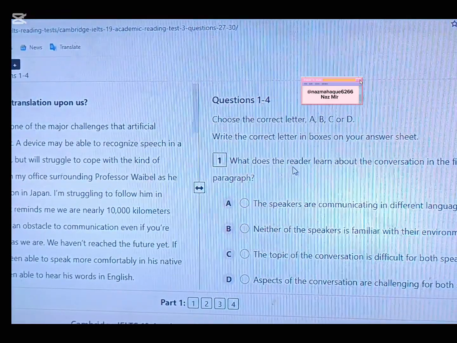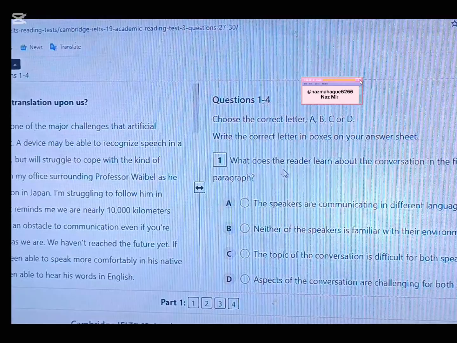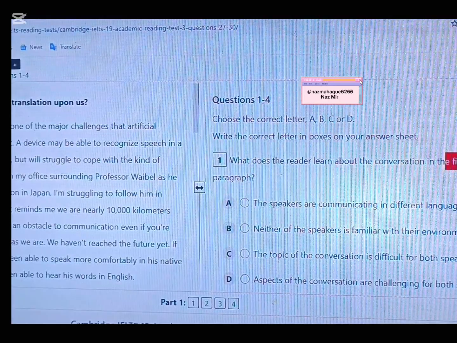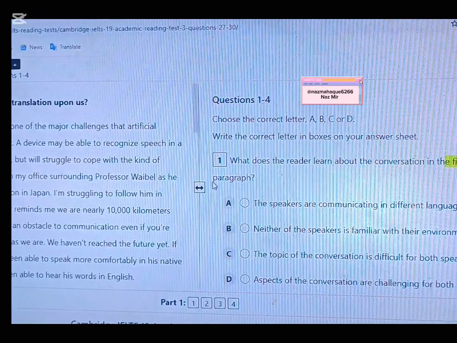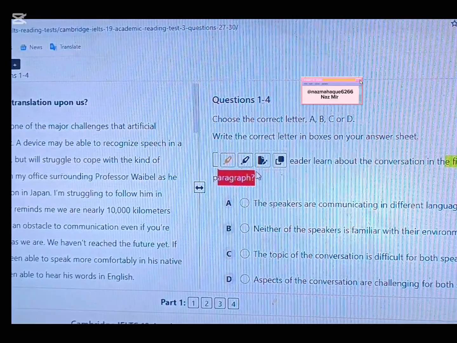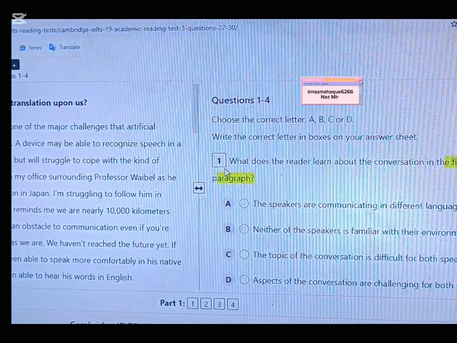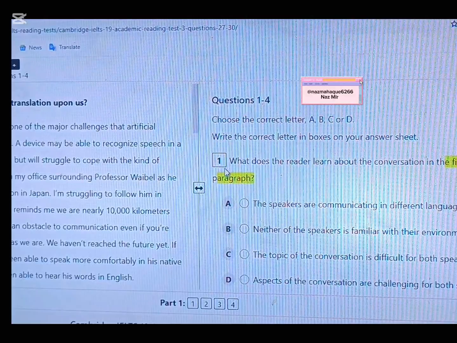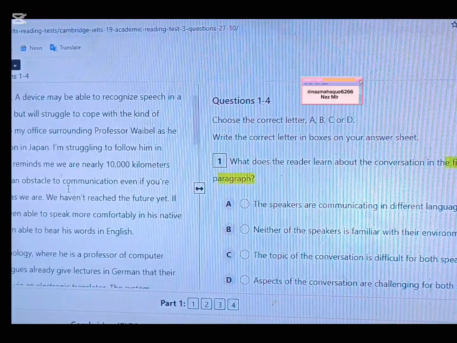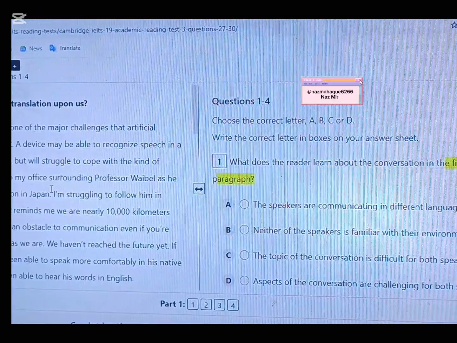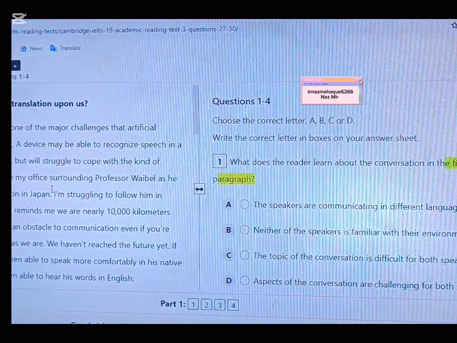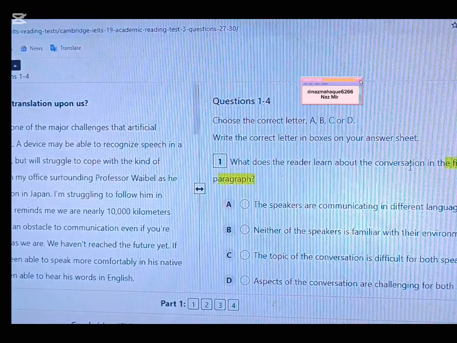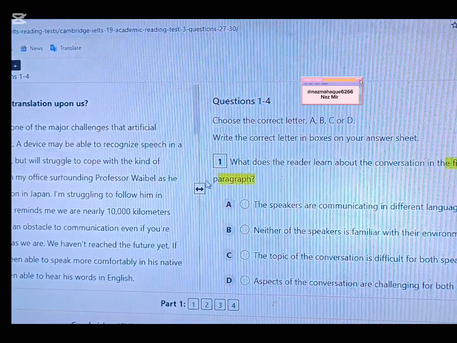So this is the question: what does the reader learn about the conversation in the first paragraph? So it has been given that we are talking about the first paragraph, so all we need to do is read the first paragraph, not the whole one.